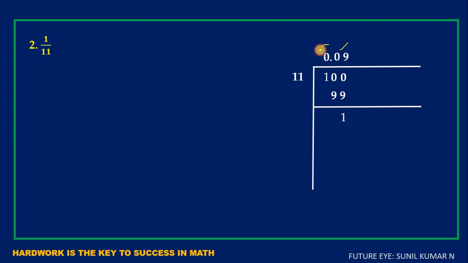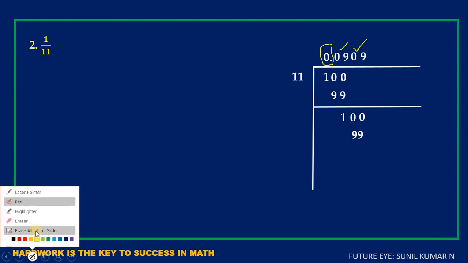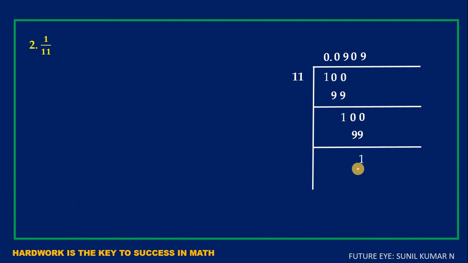But we have already taken 0 point, children. Hence we can take 1 0. But it's not possible to divide again. But you have to keep one more 0 now here. Now again 11 nines are 99. Now what is the remainder here, children? That is 1. See, every time I am getting the remainder 1 itself.